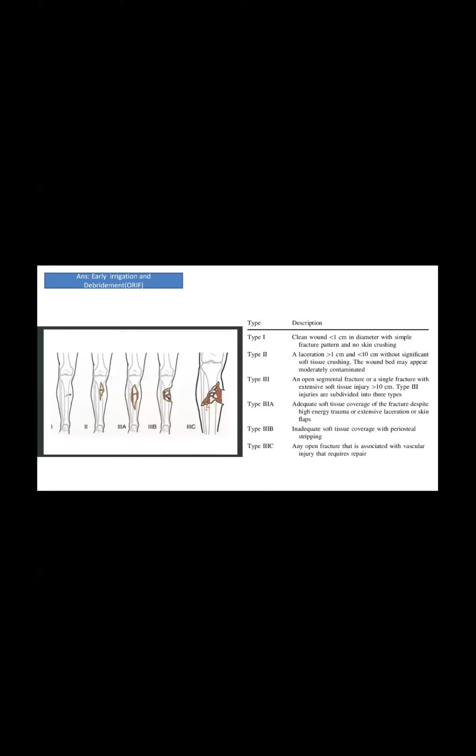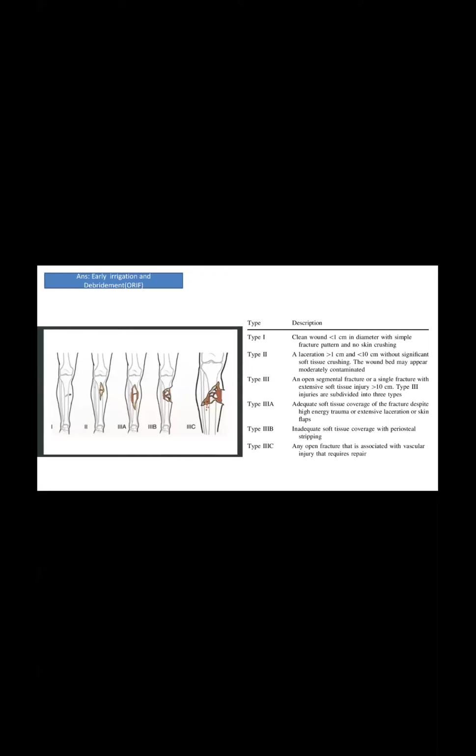Type 3A is adequate coverage despite high energy trauma. If there is high energy trauma, there is type 3A. In type 3B, there is periosteal stripping with inadequate soft tissue coverage. Type 3C is an open fracture associated with vascular injury.